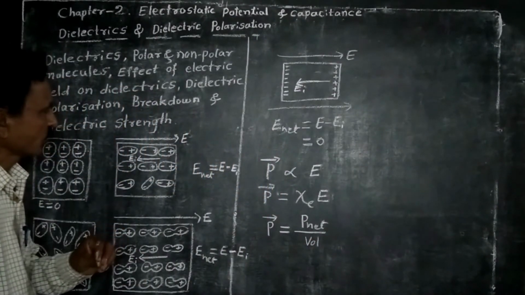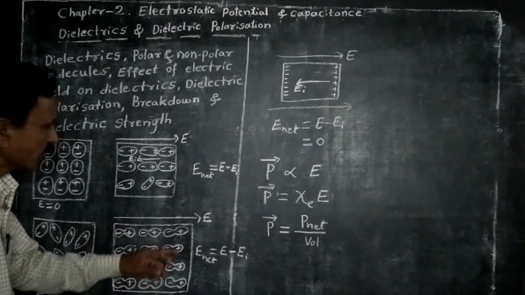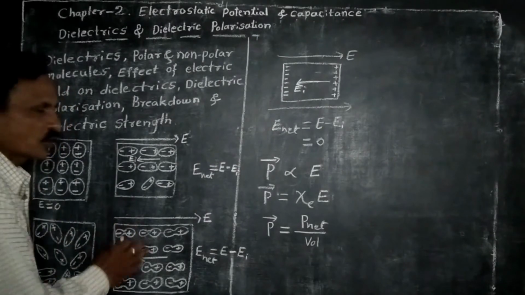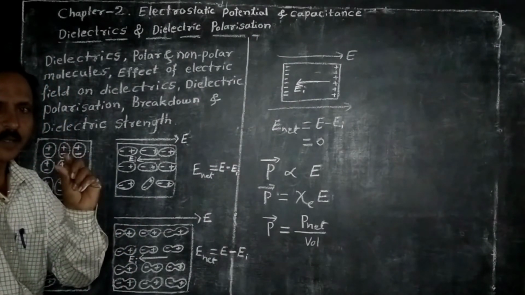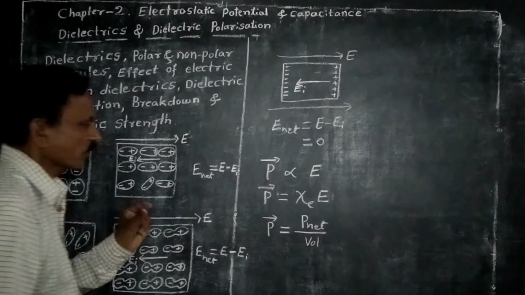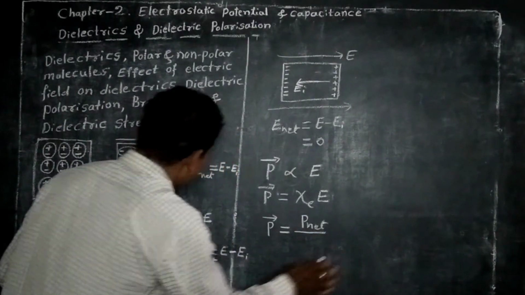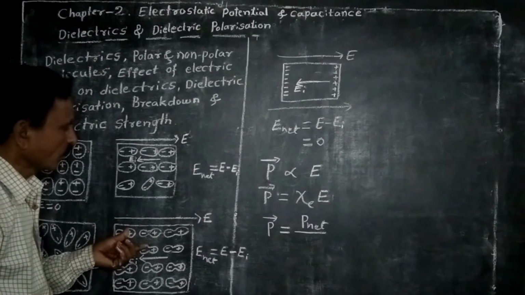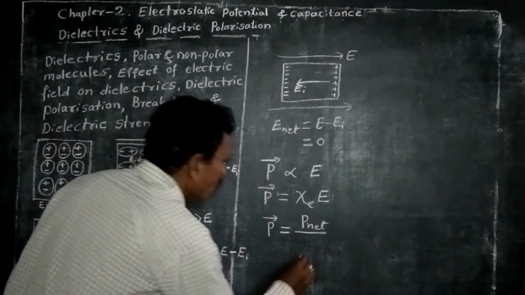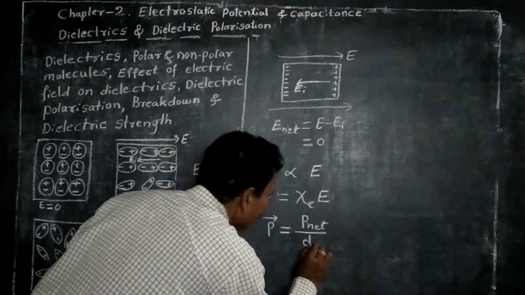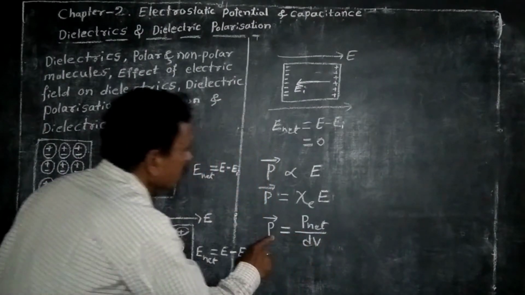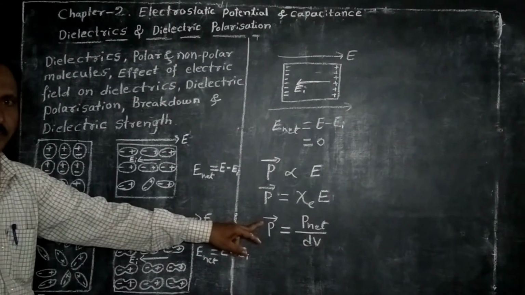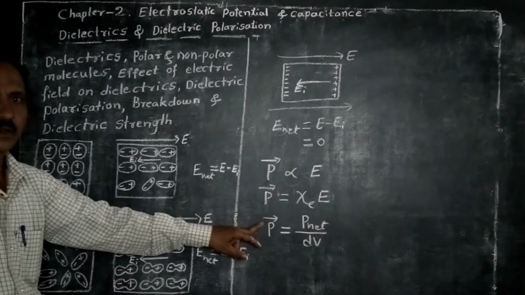That means if a polarized dielectric slab is cut into small volume elements dV, then the net dipole moment of the polarized dielectric per unit volume is called dielectric polarization.